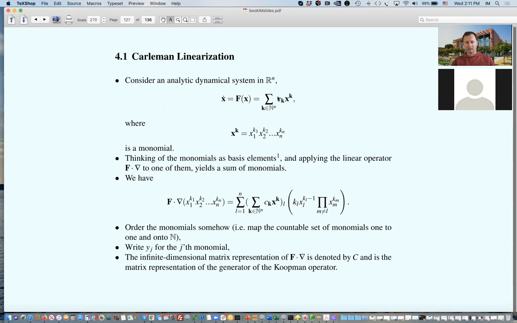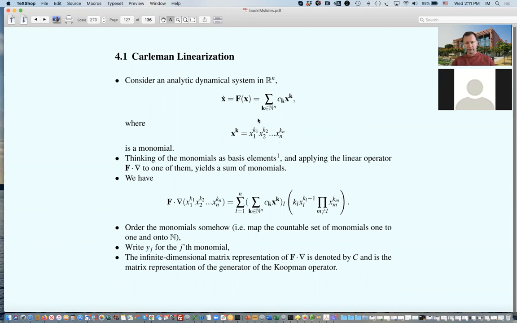So c_k is the kth coefficient, and x^k is the kth monomial, where this boldface k is really an index for a vector of integers k1 to kn.